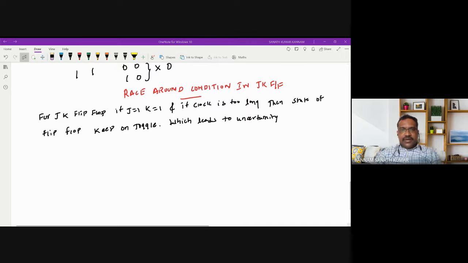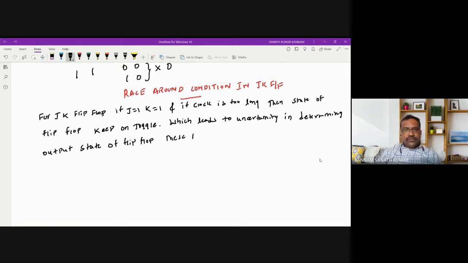That means we can't predict the output. That uncertainty is nothing but we can't predict the output, which keeps uncertainty in determining the output state of the flip flop. So this problem is called race around condition.